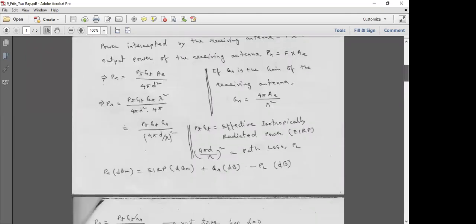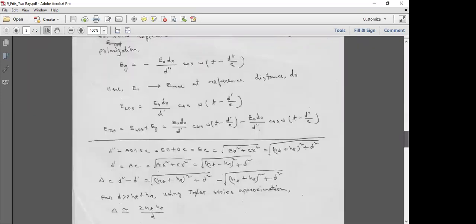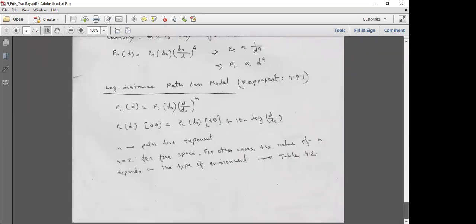In this case, we had Pt Gt by 4 pi d naught square, considering the reference distance. At that reference distance, the power density will be Pt Gt by 4 pi d square, and that will be equal to E naught square by eta, right?